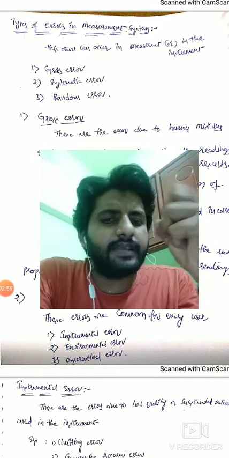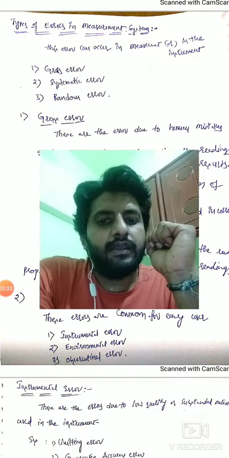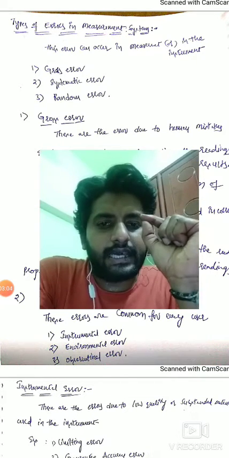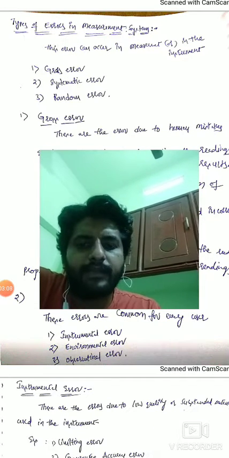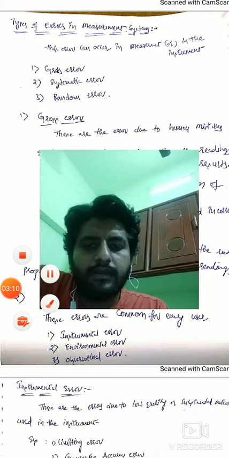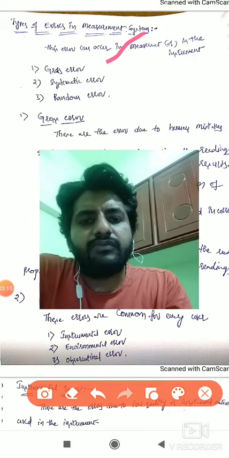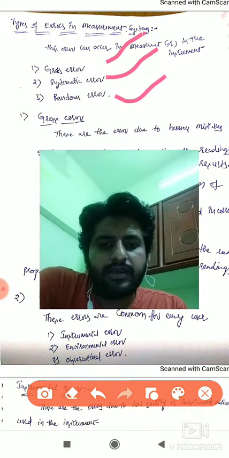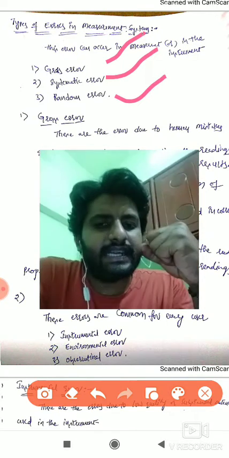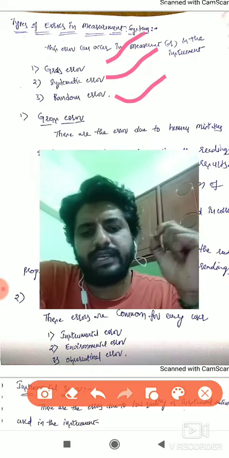There are three types of theoretical errors that are present in any instrument. The first one is a gross error, the second one is a systematic error, and the third one is a random error. These are the three theoretical errors that are present in each and every instrument.